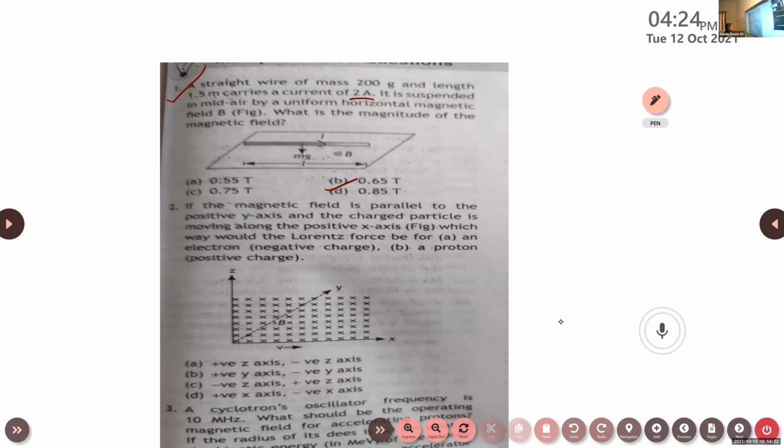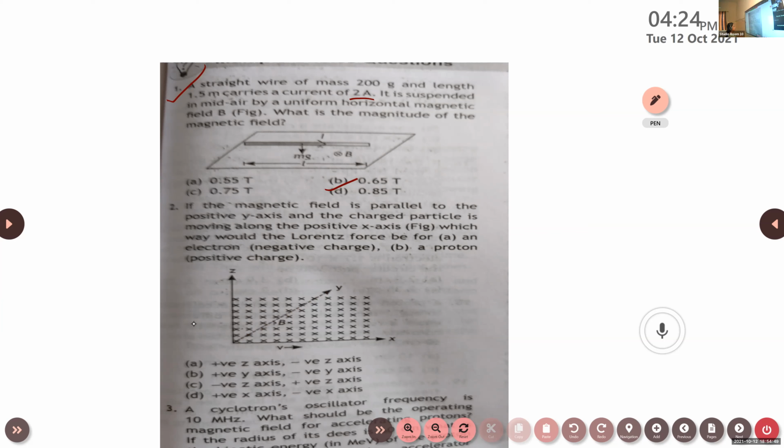Magnetic field is parallel to positive y-axis. Particle is moving along positive x-axis. Then what will be the direction of the Lorentz force acting for the case of electron and for proton?